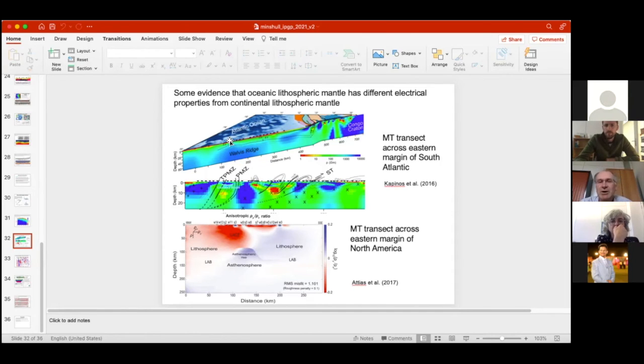And with magnetotellurics, you can image quite deep. How deep depends on a number of things, but you can see the vertical scales on here. The top image is cut off at 60 kilometers, but the bottom one is cut off at 250.